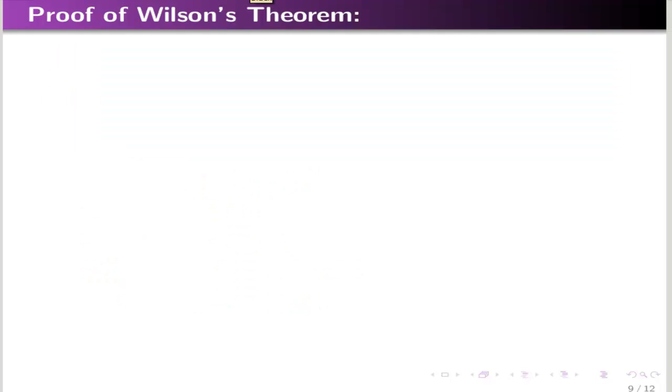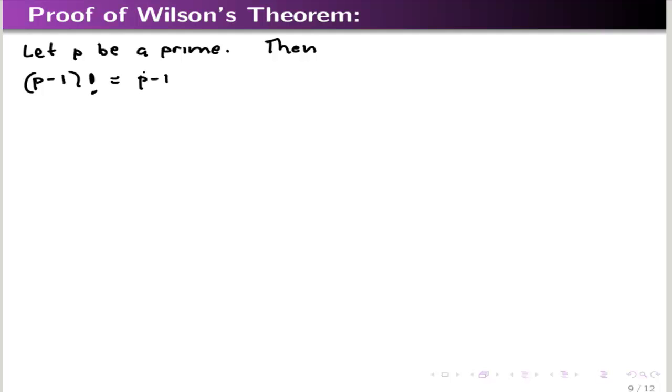All right, let's look at the proof of Wilson's theorem. So let p be a prime. Then p minus 1 factorial is just p minus 1 times p minus 2 times p minus 3 times 3 times 2 times 1.